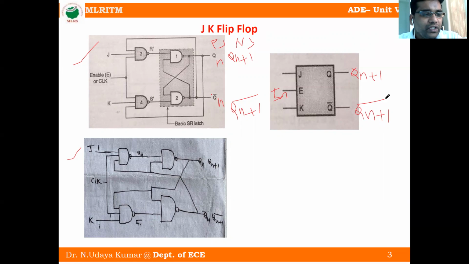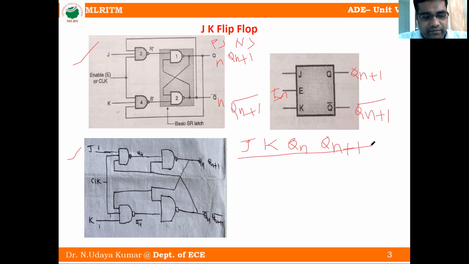Now we will see how to obtain the truth table for the JK flip-flop. First the columns are J and K, then the present state Qn and the next state Qn plus 1.